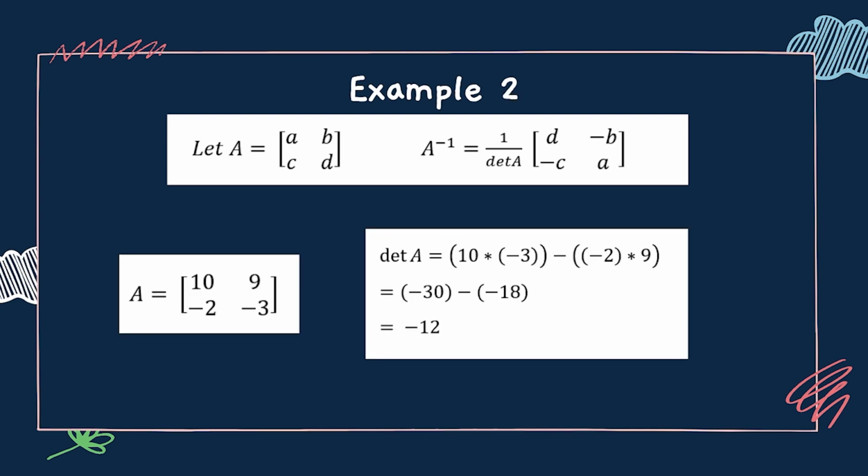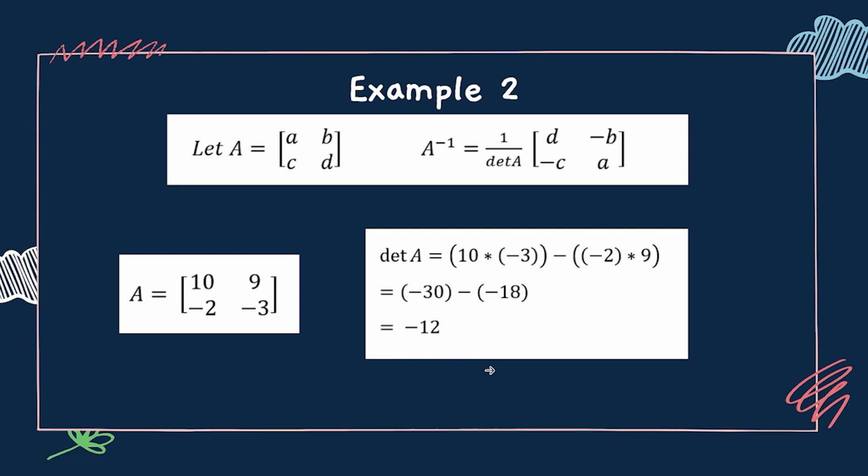And this is our second example. I'll be taking over. Let's try to solve this second example made by our solver. Let matrix A equal to the elements 10, 9, negative 2, negative 3. To solve the inverse of this matrix using the determinants, we must first get the determinant of the given matrix.